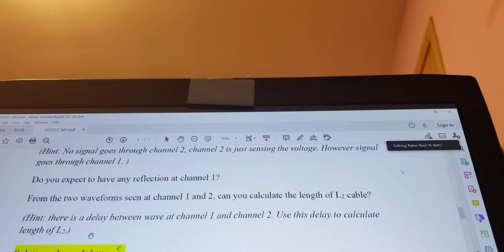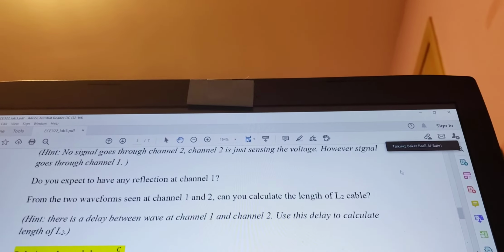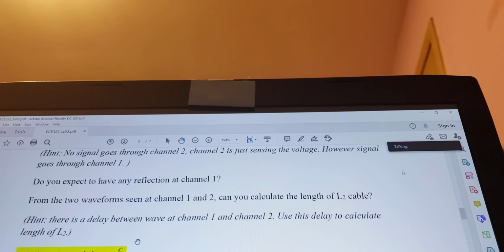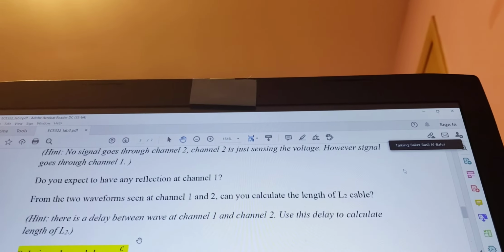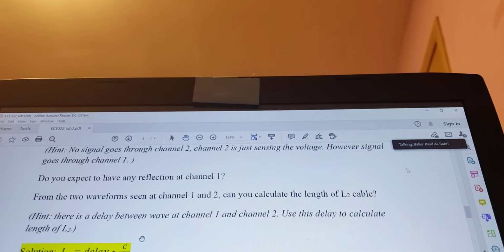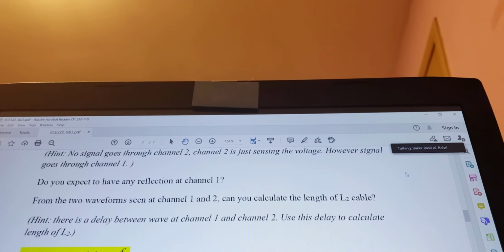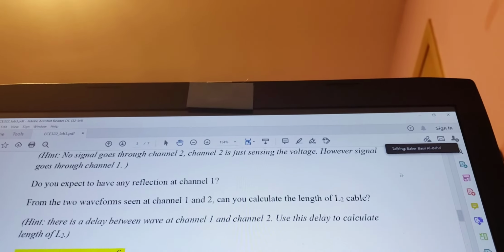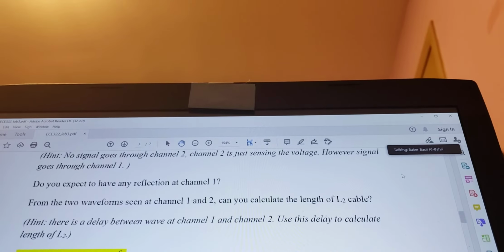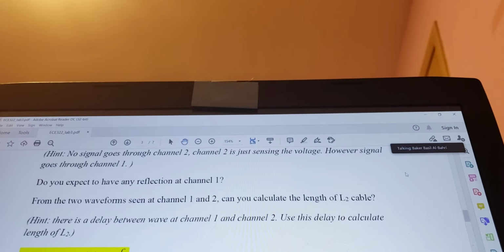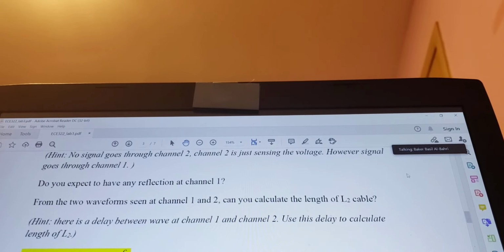Here, as you know, the cable, first of all, when we have a transmission line, the propagation speed of the signal in the transmission line equals, this is standard, the speed of light in free space, C, which is 3 times 10 to power 8 meter per second, divided by the square root of epsilon r, mu epsilon actually, but mu epsilon is constant now, so divided by the square root of relative permittivity.